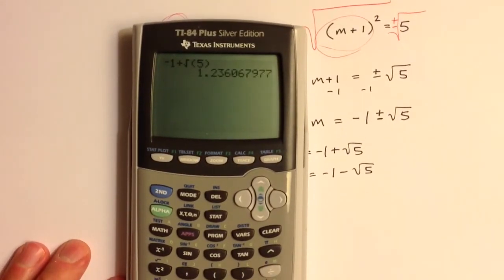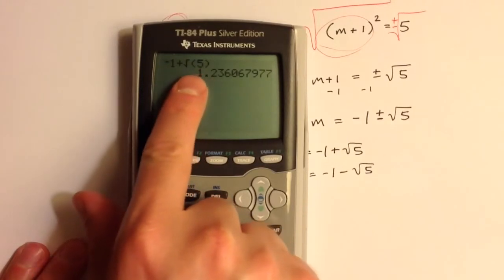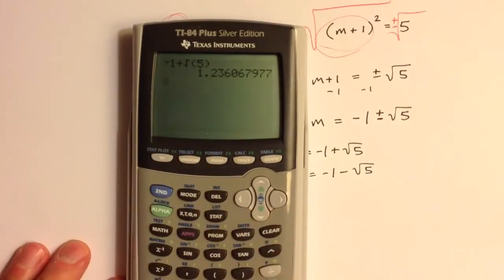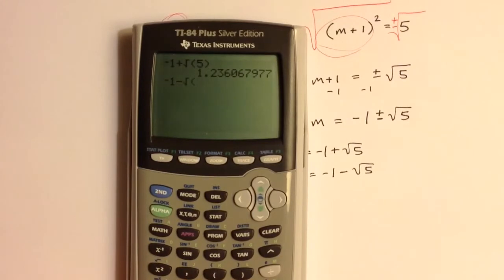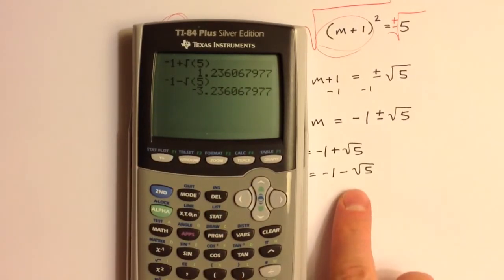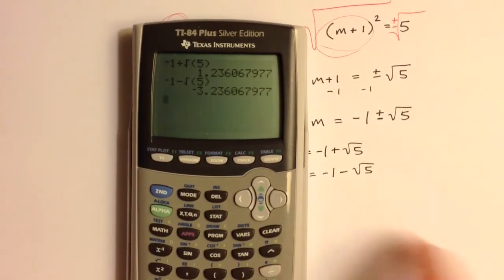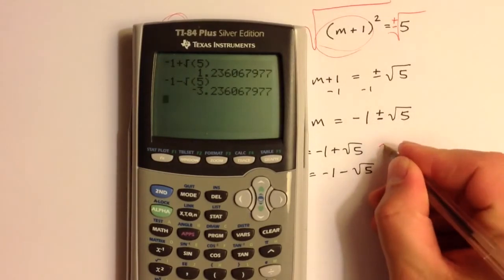We end up with negative 1 plus something bigger than 2 is 1.236, and so on. And if I take negative 1 minus the square root of 5, we get negative 3.236. So those are the decimal approximations for these two solutions.